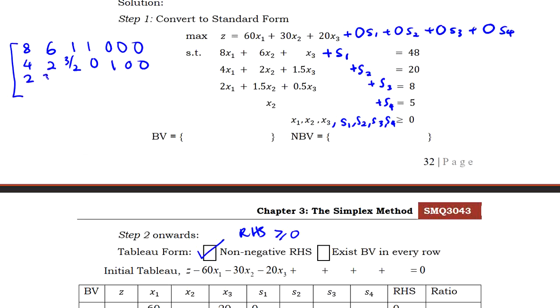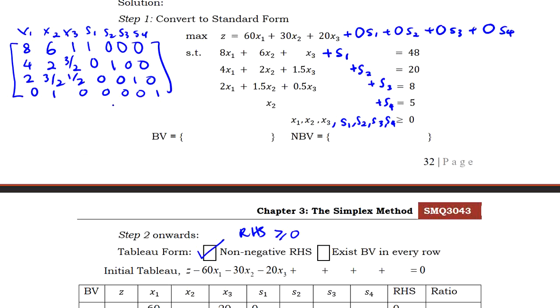Then 2, 3 over 2, 1 over 2, 0, 0, 1, 0, and then 0, 1, 0, 0, 0, 0, 1. As you can see here, x1, x2, x3, and then we have s1, s2, s3, s4.